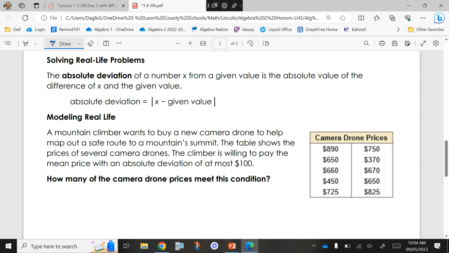So 890 plus 650 plus 660 plus 450 plus 725 plus 750 plus 370 plus 670 plus 650 plus 825.